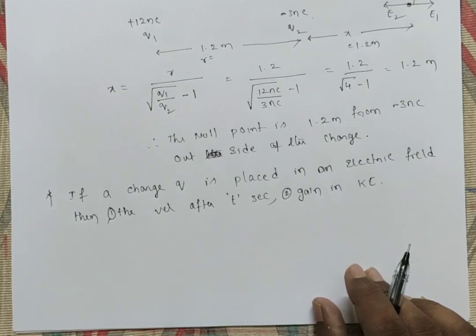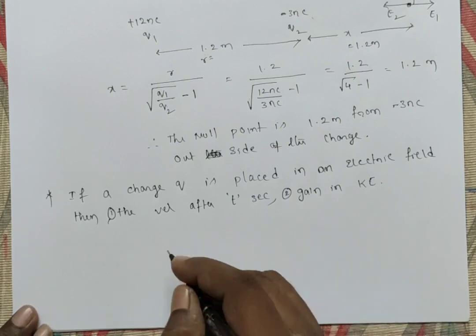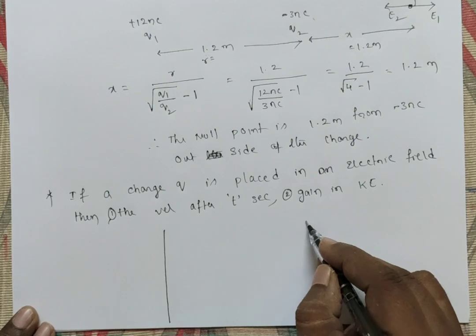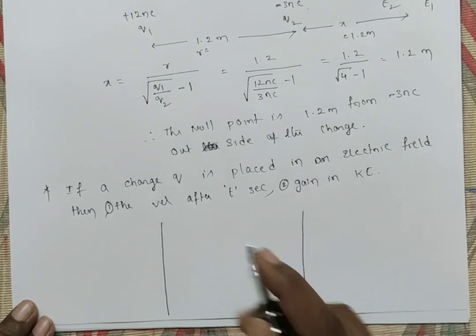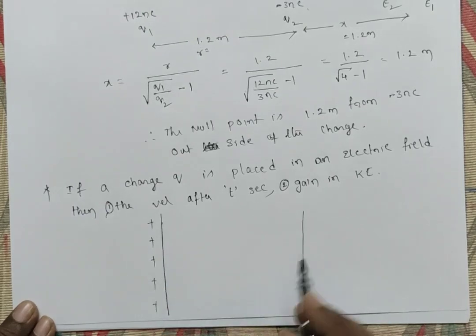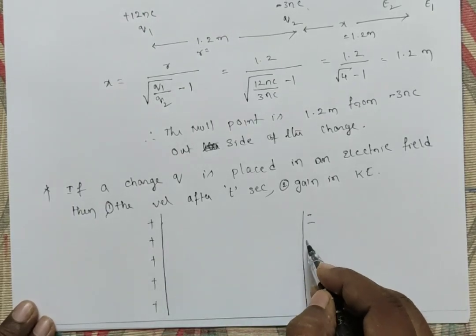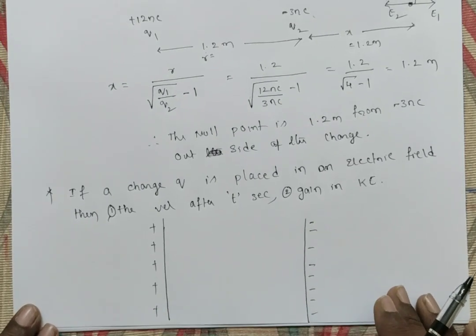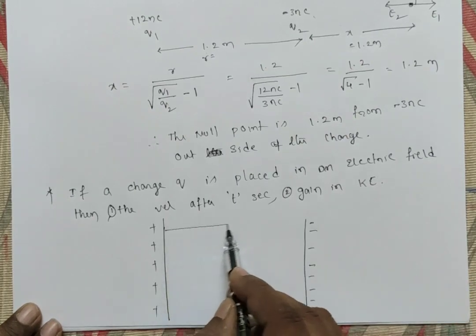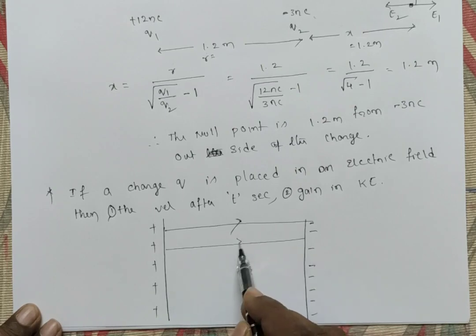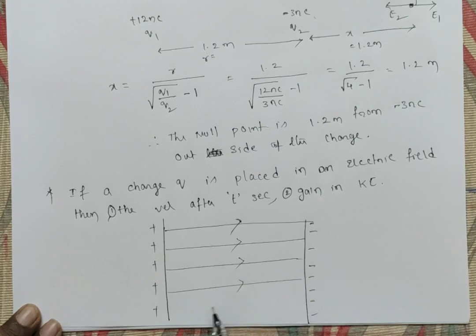I will clearly tell you one thing: if you take a uniform electric field, how do you produce a uniform electric field? If you take two metal plates like this, one positively charged and another negatively charged, then in between these two metal plates there is a uniform electric field, from the positive plate to the negative plate.